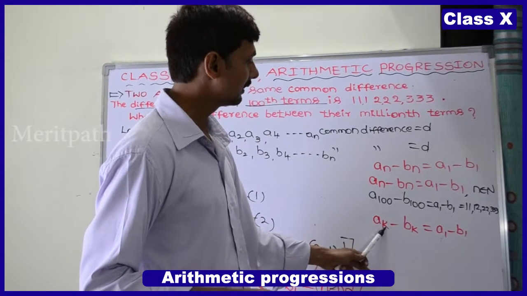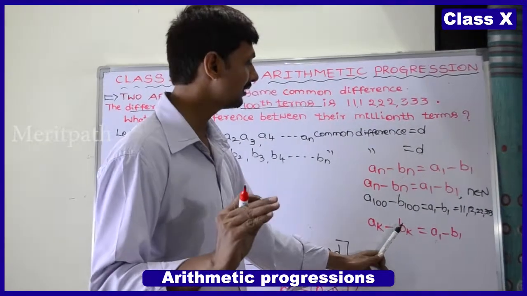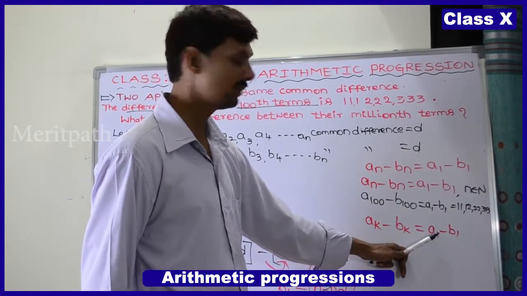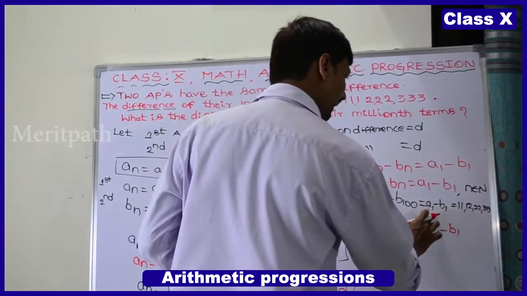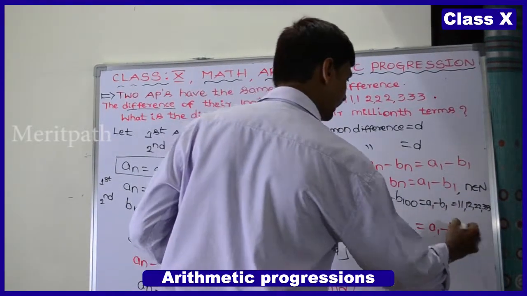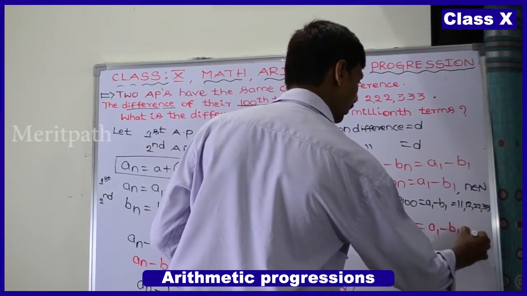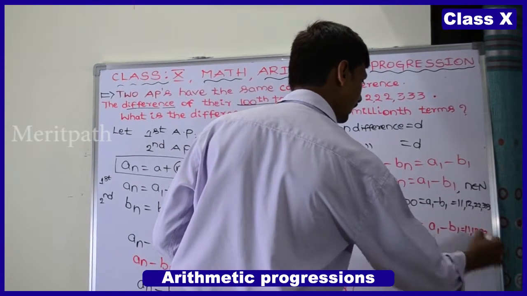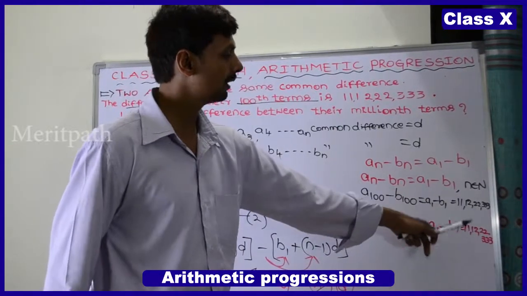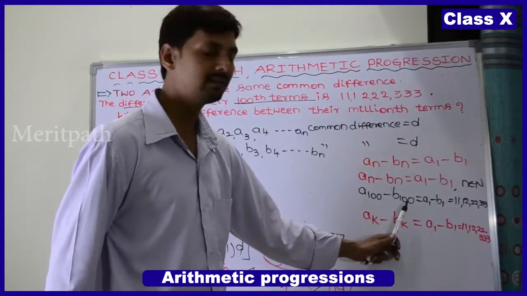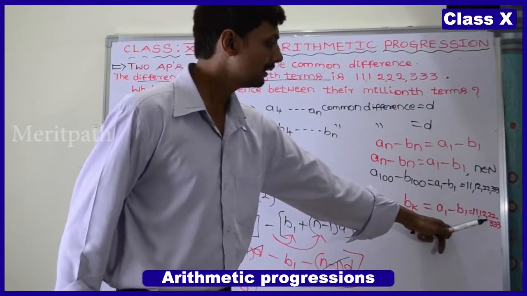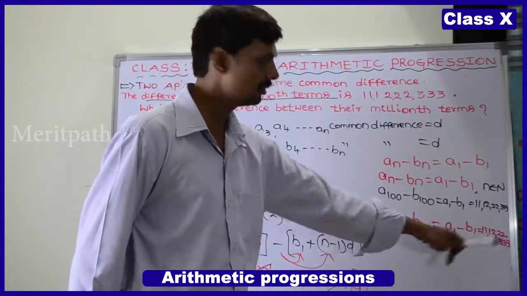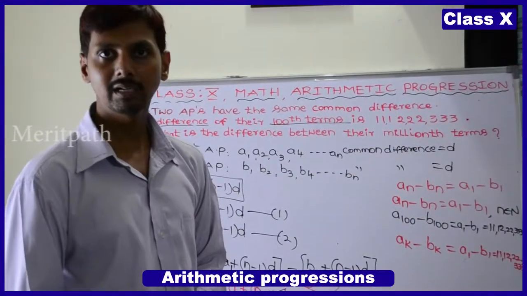So for this answer also we will be getting a1 minus b1, and a1 minus b1 is equal to what we previously got, 11 crore 12 lakhs 22,333, for the difference between their 100th terms.